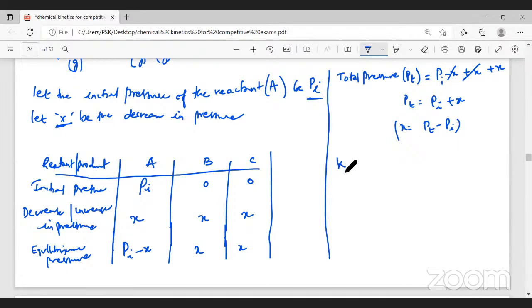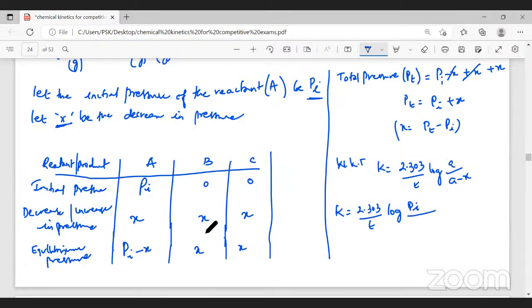And I can write now, we know that K is equal to 2.303 by t log of a by a minus x. a is the initial concentration. So when I say a is the initial concentration, we can write initial pressure also, like 2.303 by t log of Pi. Initial pressure is Pi. a is the initial concentration, I told you, so this a is also Pi. And what is x?